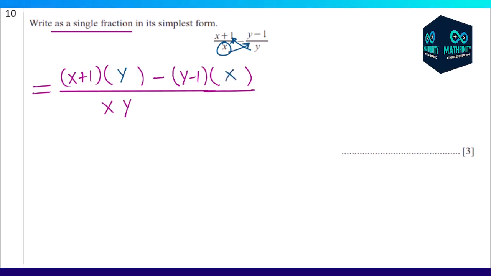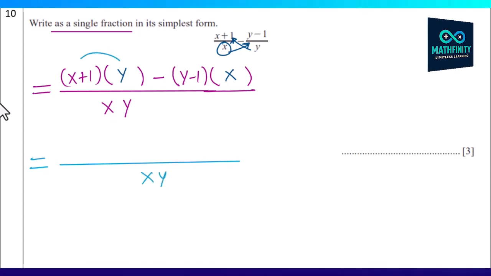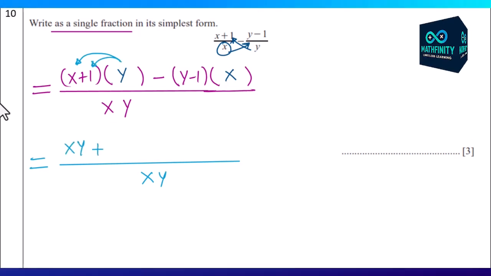After this, we already discussed this and we solved a lot of questions related to the same concept. We will open the bracket. Y you will multiply here and here, so it will be xy plus 1 times y, it will be y.